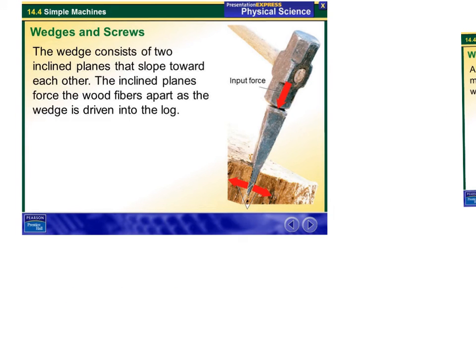Let's look at two more examples of inclined plane. In reality, a wedge is, in fact, two inclined planes, one on each side, which increase your input force, showing here.